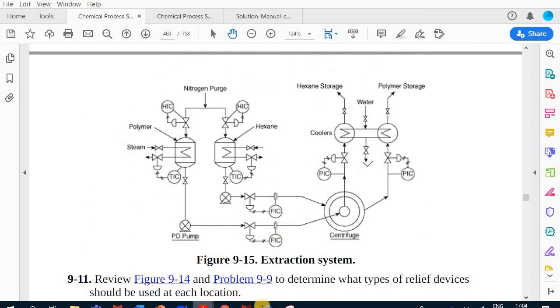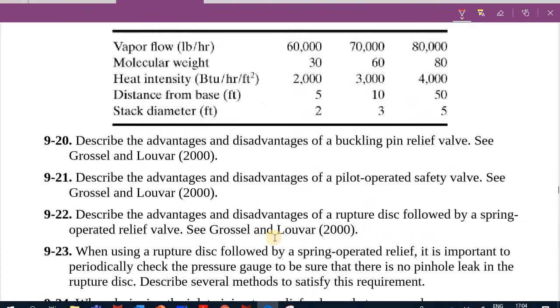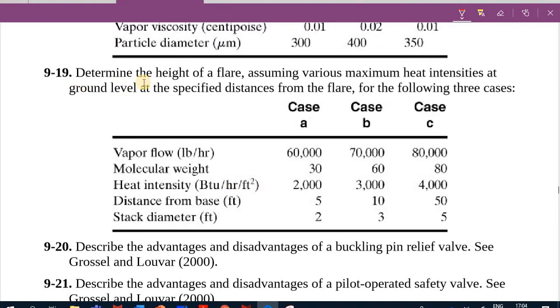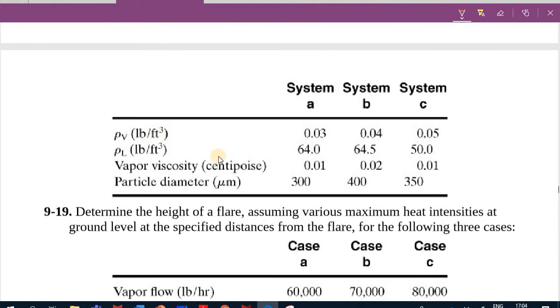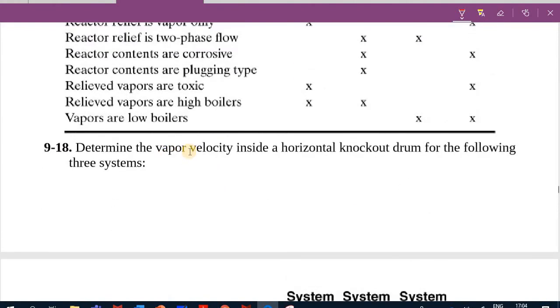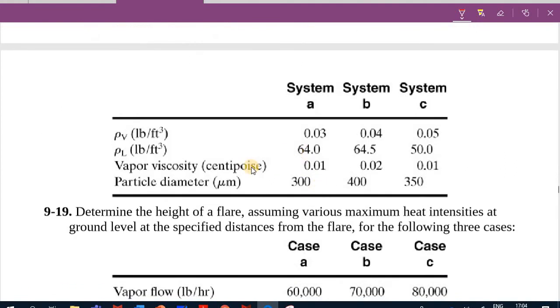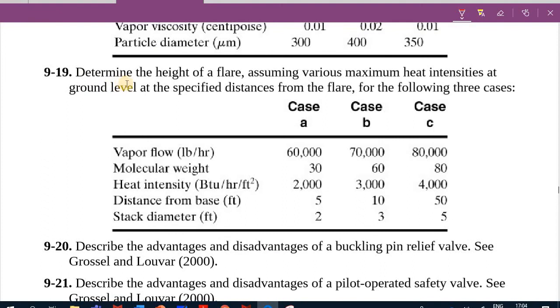I think we were here. So we finished the part where we talk about how to calculate the drop-off velocity, the vapor velocity inside this knockout drum. Great. So 9.19 is talking about the height of the flare, if you want to calculate the height of the flare. Again, it's just an equation that you're going to substitute.